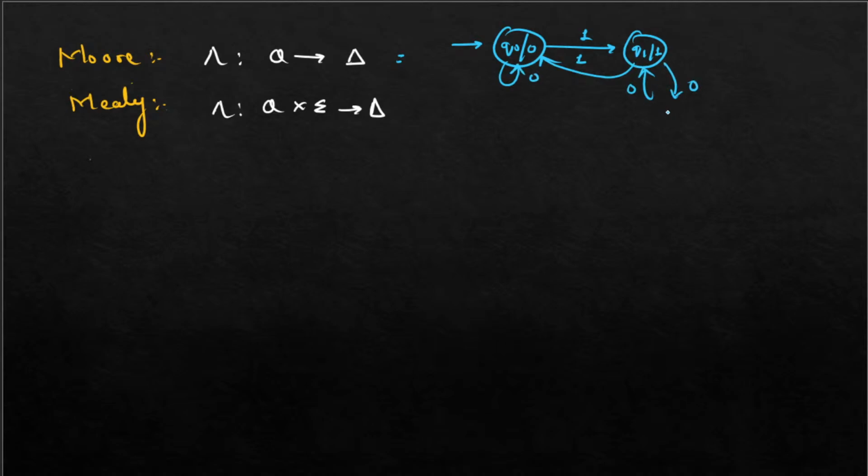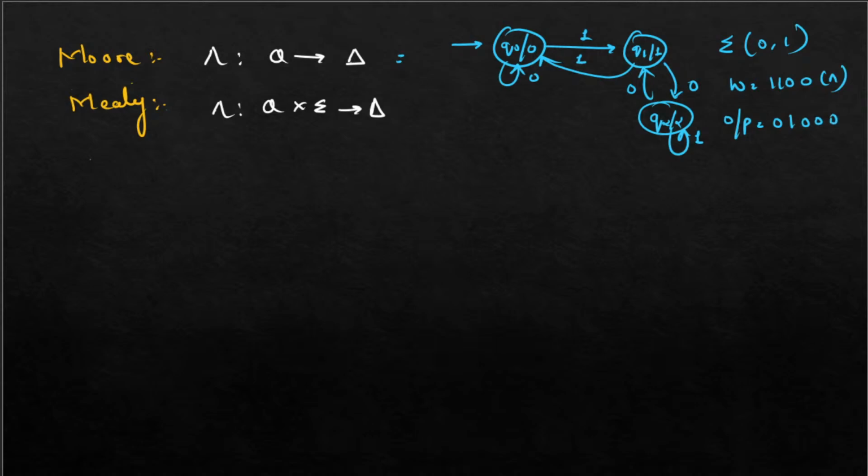So w is equal to 1100 of length n, and the output is 01000, of length n plus 1, right? So this is all of Moore.